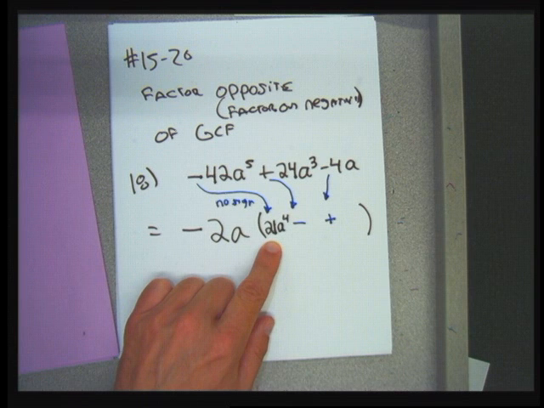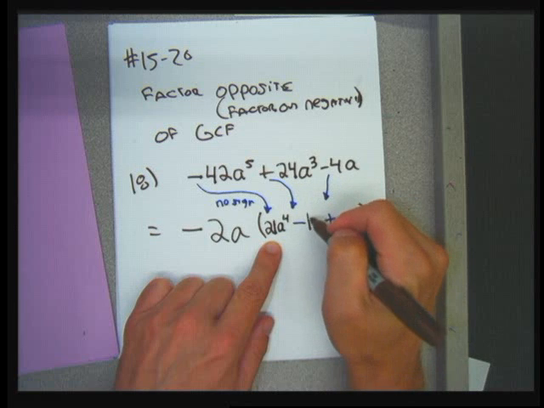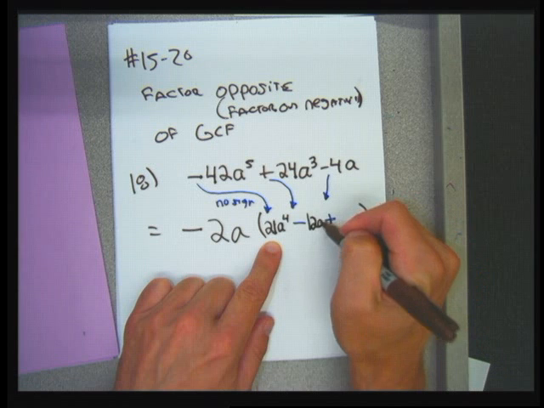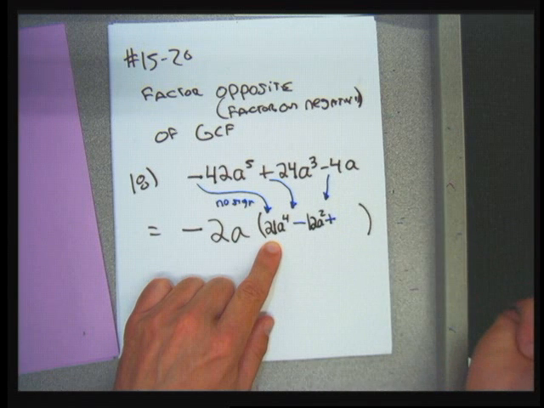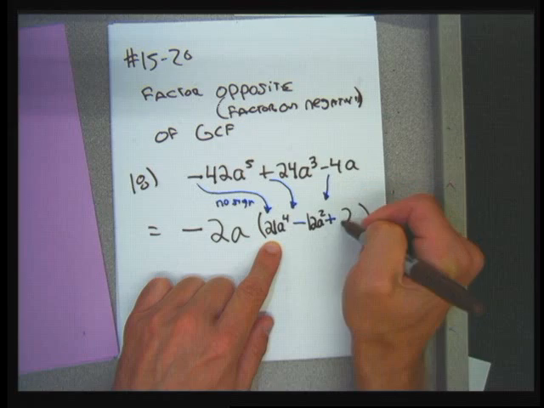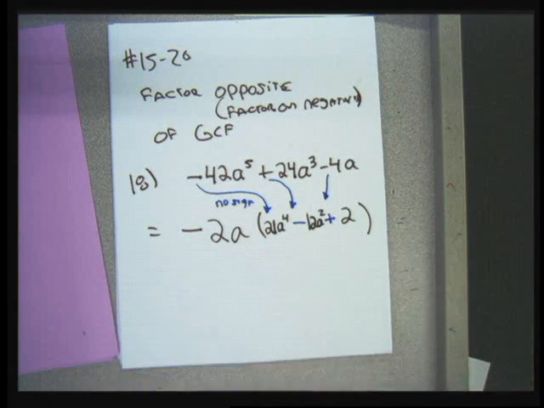And then second, 12, because 24 divided by 2 is 12. A to the second, I had 3 A's, I took 1 away, I'm left with 2 A's. And the last piece, plus 2, because 4 divided by 2 is 2. I had 1A, I took an A away, so I'm not left with an A.